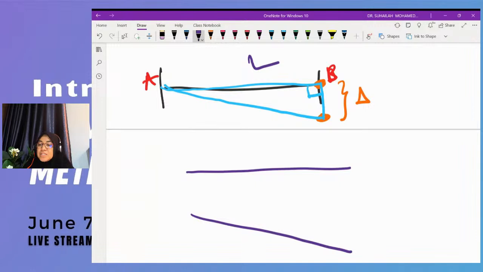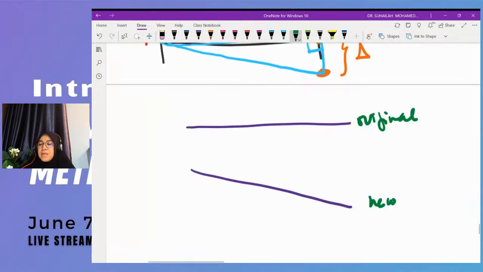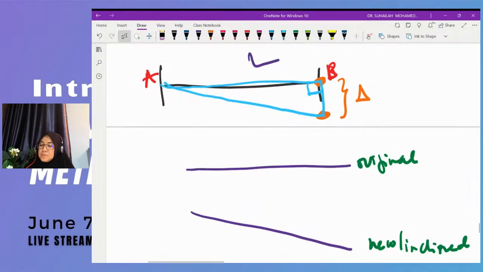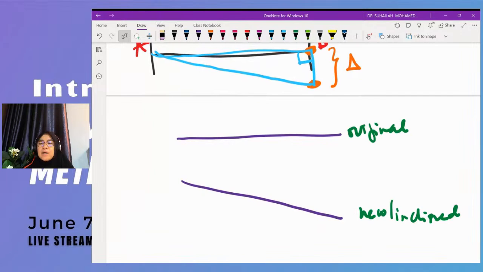Okay, this is the original, and this is the new position, which is inclined. We have to apply moment at A and B to push this point and this point back to its original position.